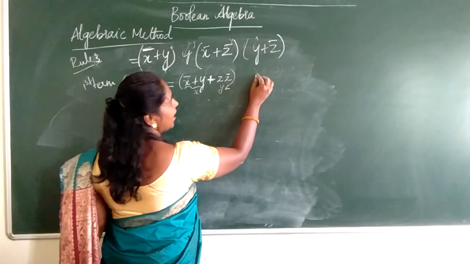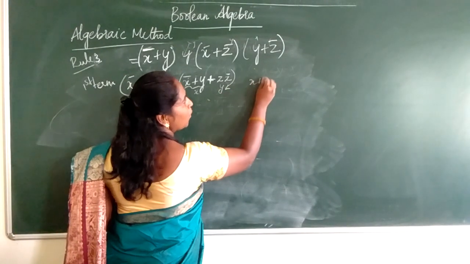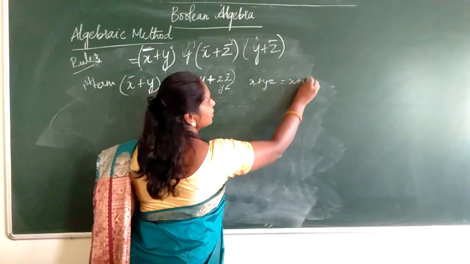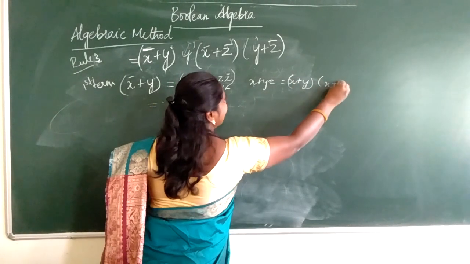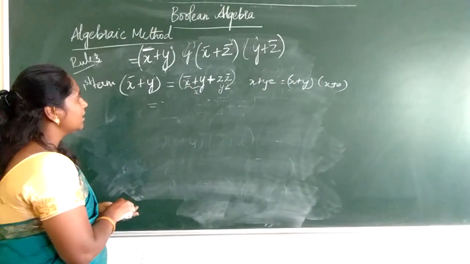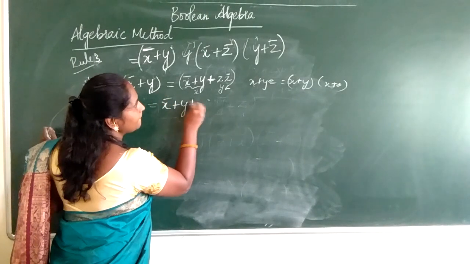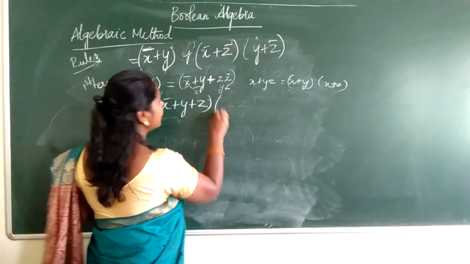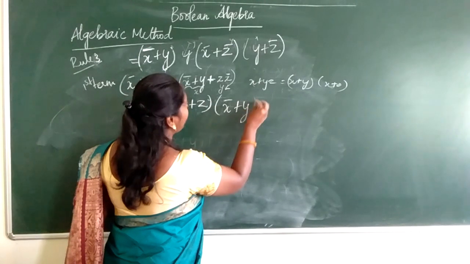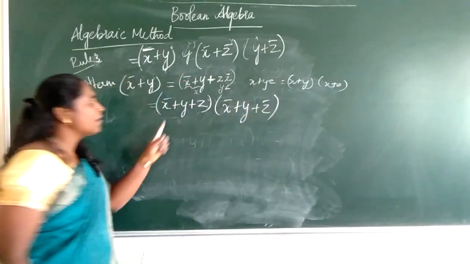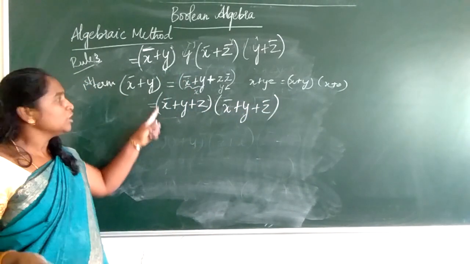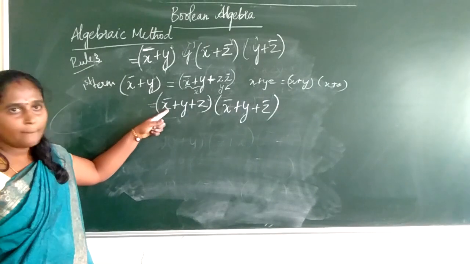So what is my formula? x plus yz is equal to x plus y into x plus z. This is my formula. Here I am taking x as it is, x bar plus y plus z. Next, x bar plus y plus z bar. Furthermore, we cannot simplify the first term. So this is the first term, sum product.